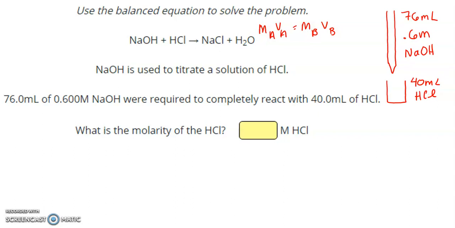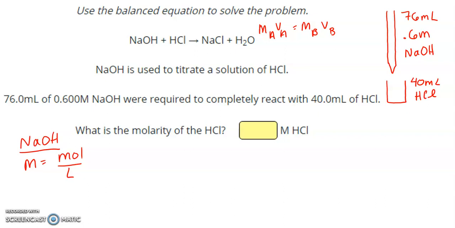All right, so I'm going to find my moles NaOH first, my moles that reacted here. Well, to find my moles, I'm going to need to use M equals moles over liter, and this is for NaOH. While I know my molarity, I don't have liters, I have milliliters.